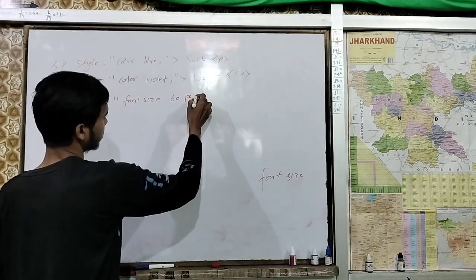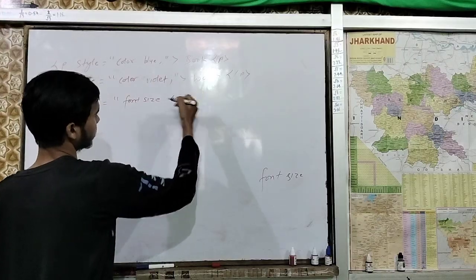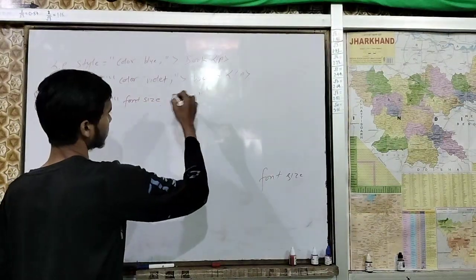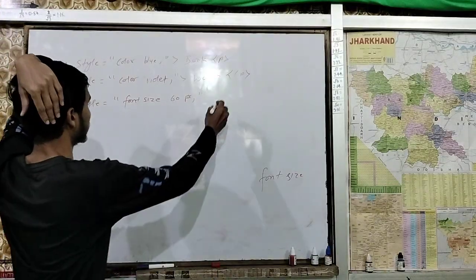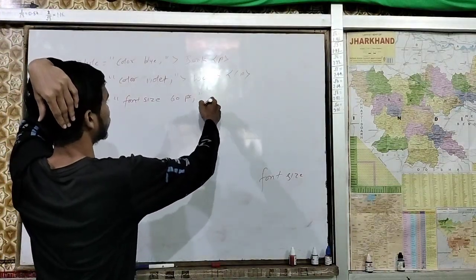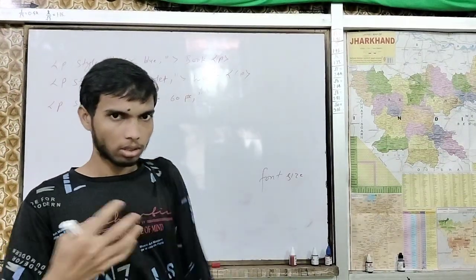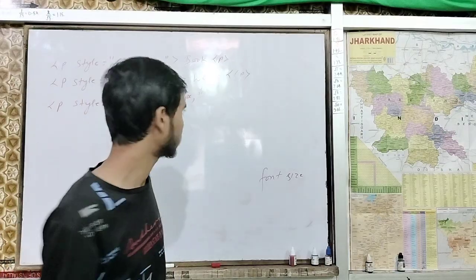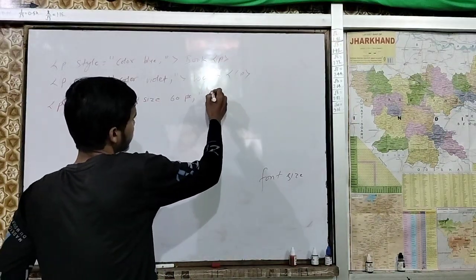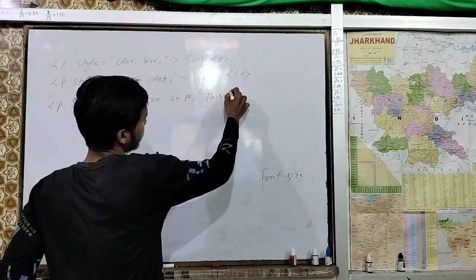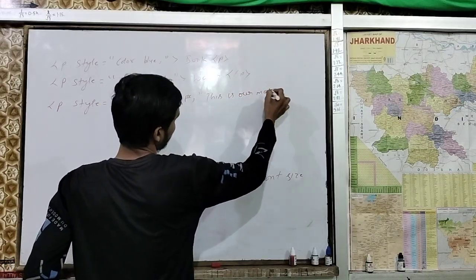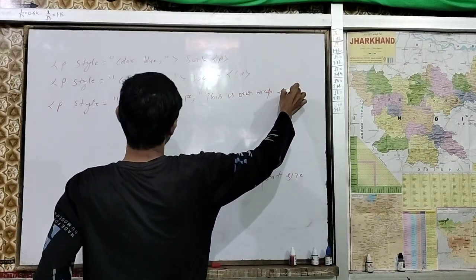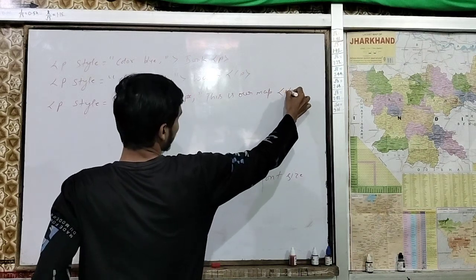And remember this semicolon and then double inverted comma. So what is your words? Of course, let's say this is our map, and then close tag.